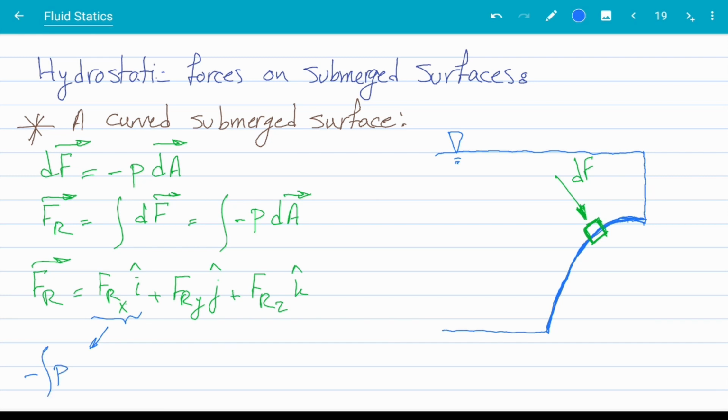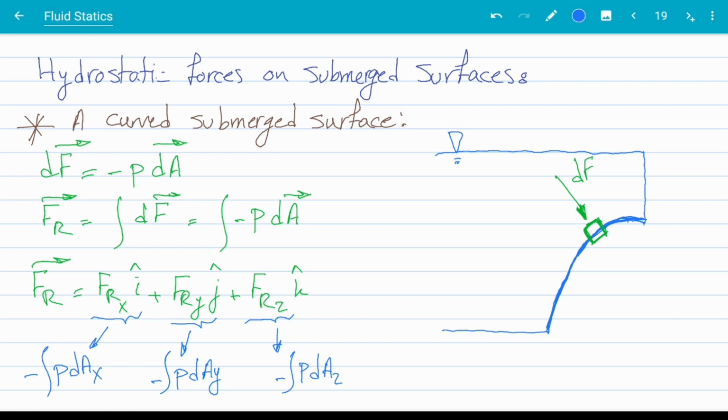So this is actually the integral of p dAx, the x component of the area vector. This is the integral of p dAy, the y component of the area. And of course, this one is the integral of p dAz, the z component of the area.